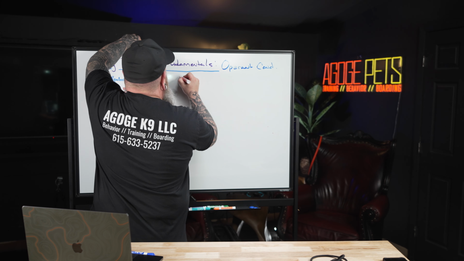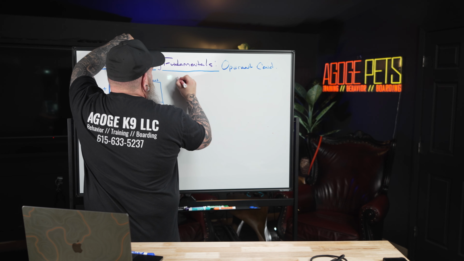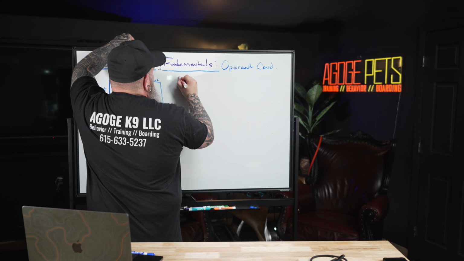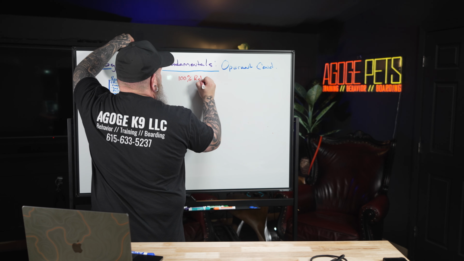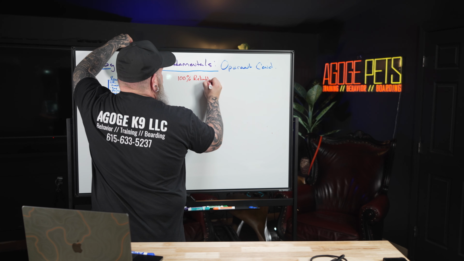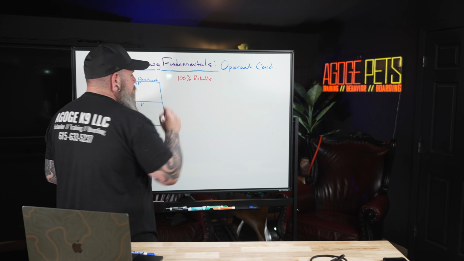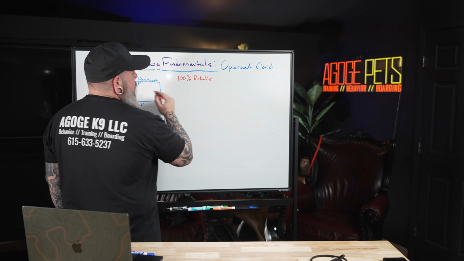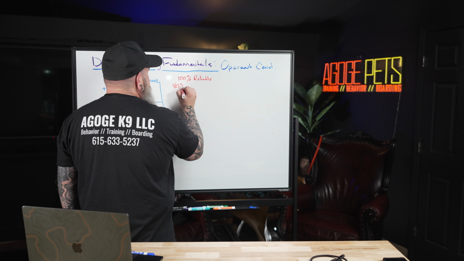So let's take a look at it here. Let's call this dog 100% reliable, which these are thinking, breathing creatures. There's no such thing as 100% reliable, okay? But a dog that is fully trained, super reliable, they're going to be operating 80%.